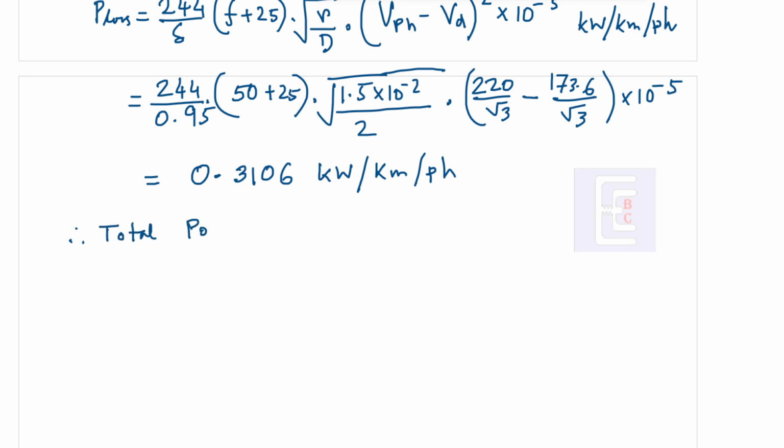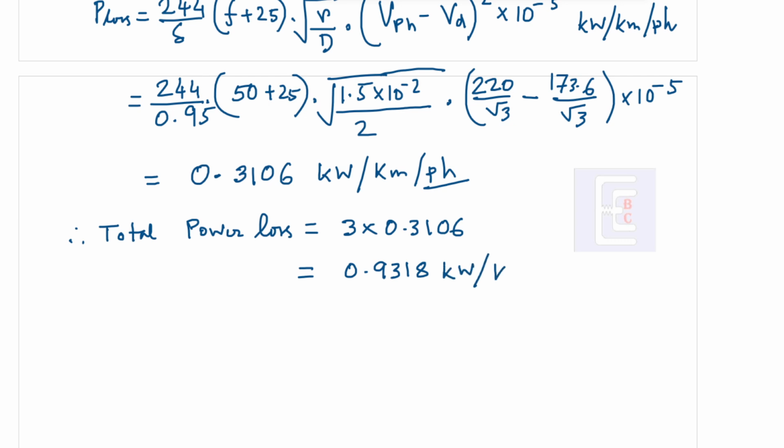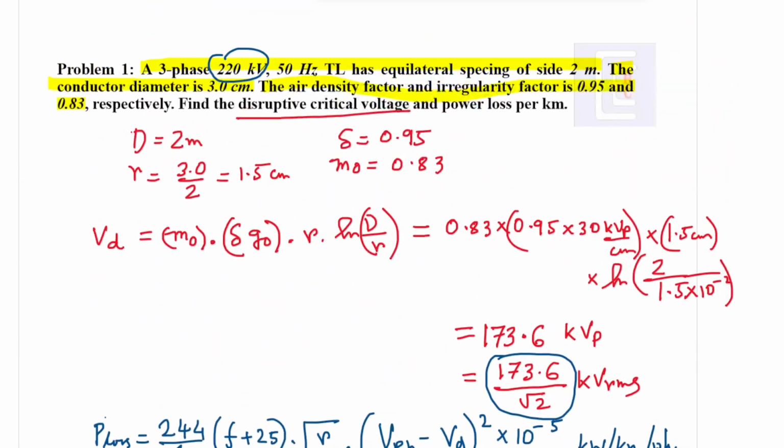It should be multiplied by 3 because it is per phase. So total loss will be 3 multiplied by 0.3106, which is equal to 0.9318 kilowatt per kilometer. So this is how you solve this problem.